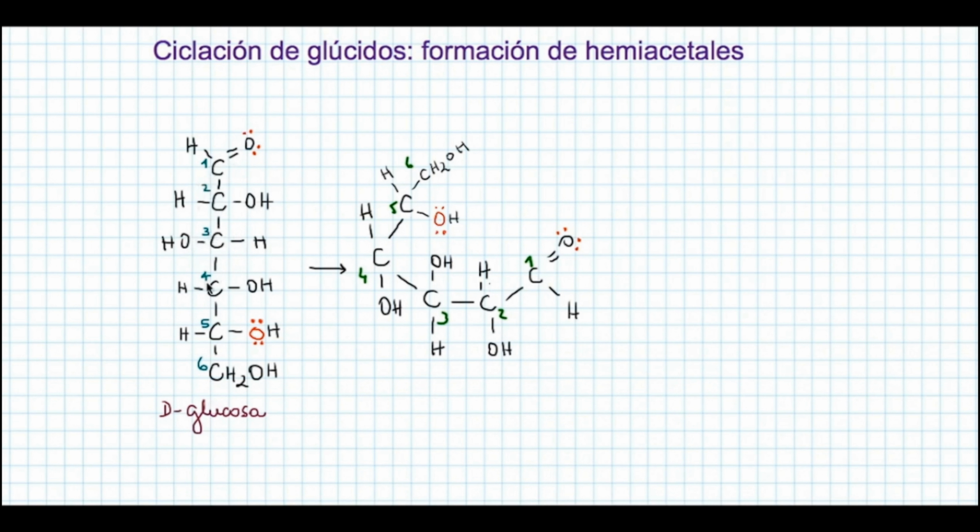Actually, if I could see a molecule of glucose, I would see that it forms more of a horseshoe than a horizontal or vertical line, and that horseshoe has carbon 1 at one end and carbon 5 at the close end.